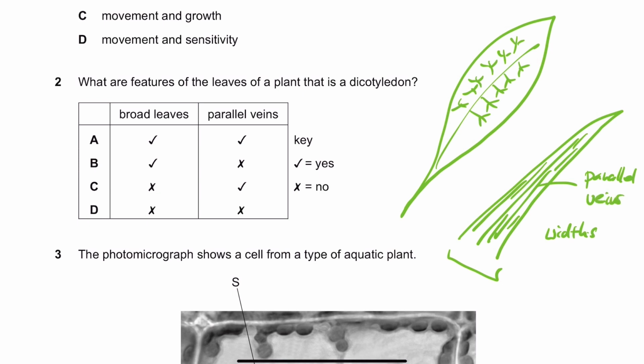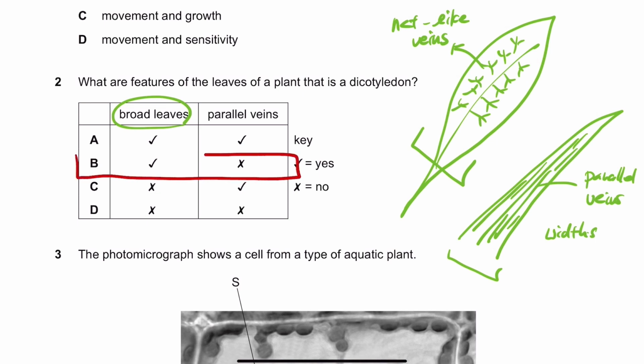Dicotyledons have wide leaves and net-like veins. So, broad leaves, yes. Parallel veins, no. Hence, the answer should be B for this one. Okay?